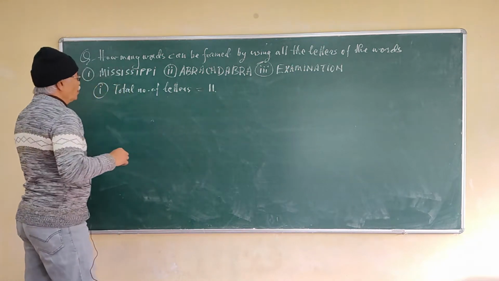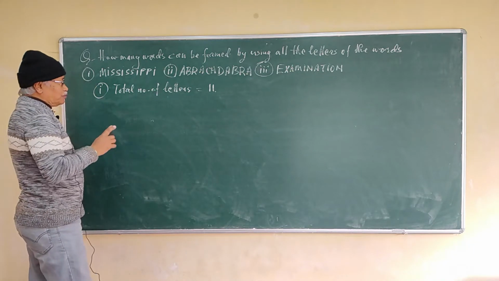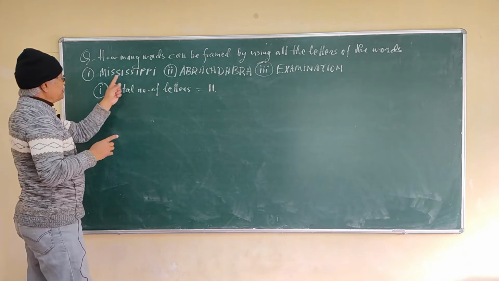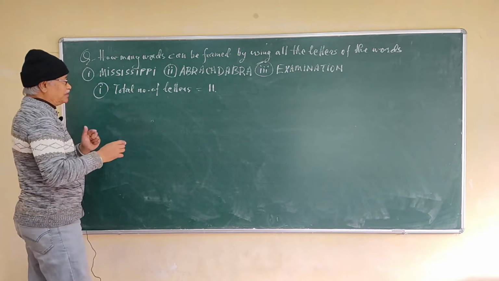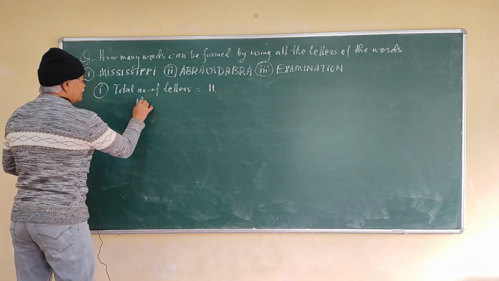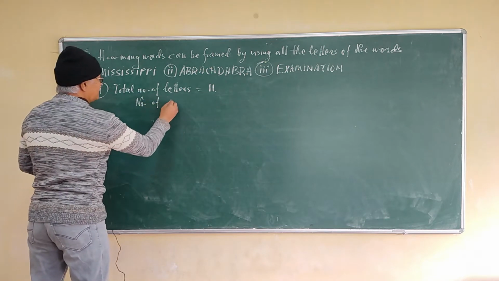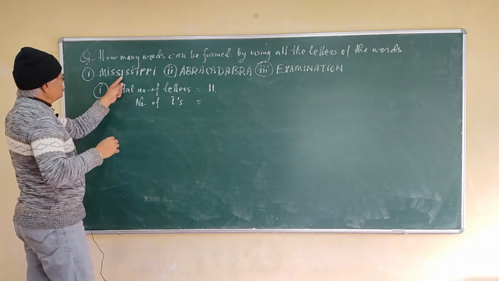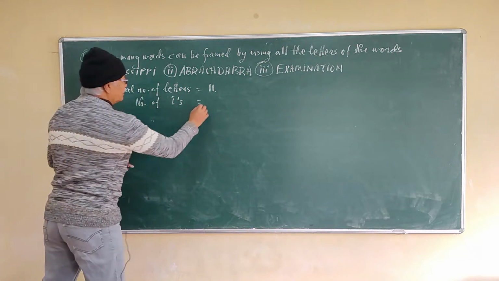Right? Okay, now you try to see the number of letters which have been repeated. Total number of I's, 1, 2, 3, 4, right?